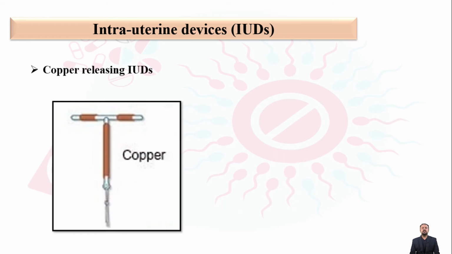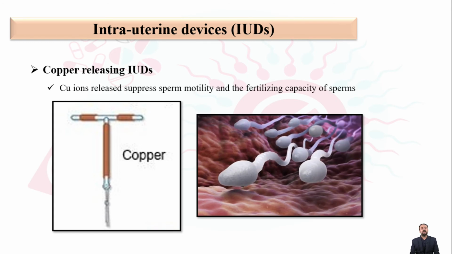Next students, let us talk about the copper releasing IUDs. As the name suggests, these are IUDs which contain copper and constantly keep on secreting or releasing copper ions in the uterus.